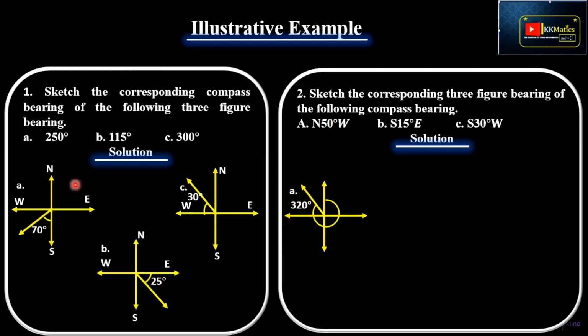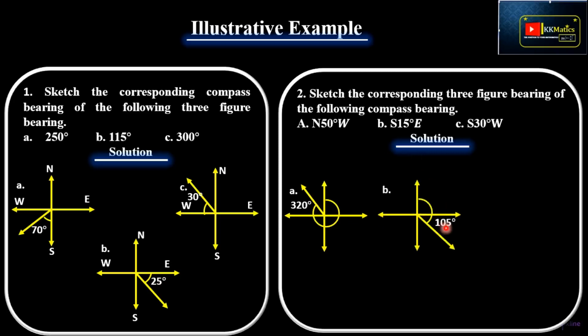So in terms of the compass bearing, we do the subtraction, but when it comes to three-figure bearing, we do the addition. We add instead of subtracting, and that gives us 320 degrees. South 15 degrees east will lie in the second quadrant, so we add 90 to 15, which gives us 105 degrees.